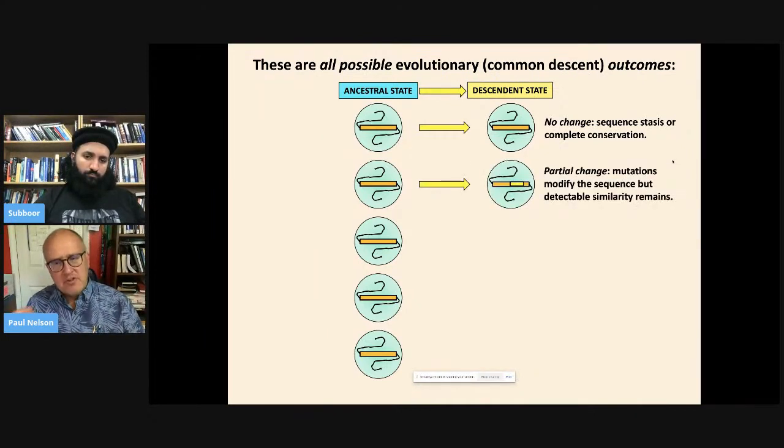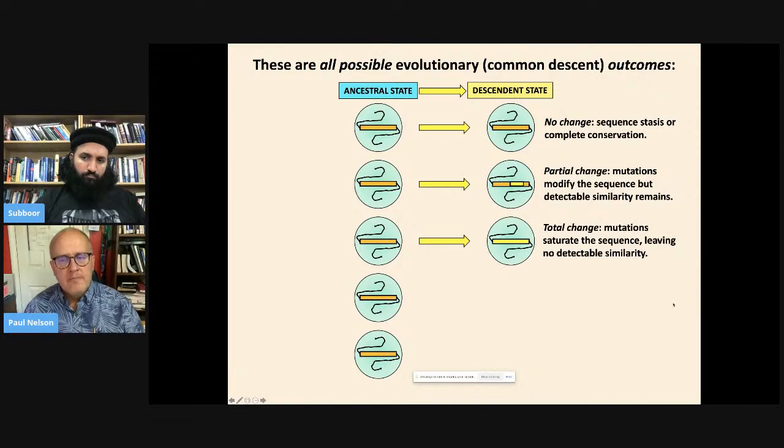In other words, there are some mutations in the open reading frame that modify the sequence, but detectable similarity remains to the progenitor state, and we would still assign homology between these two open reading frames. Or mutations could completely saturate the sequence, leaving no detectable similarity, so that the open reading frame is entirely modified by mutation.